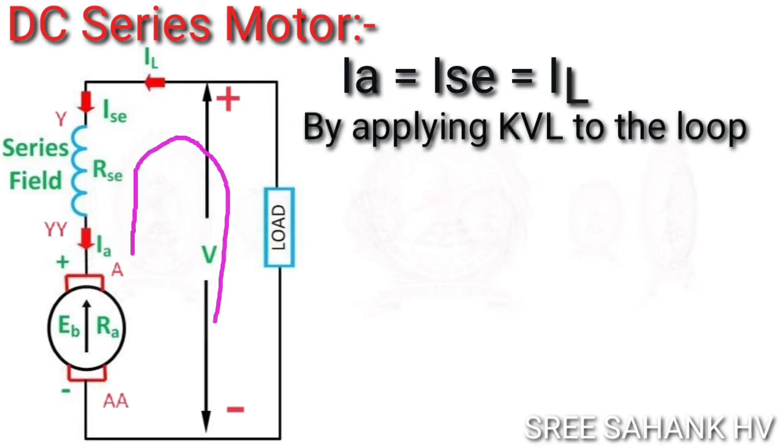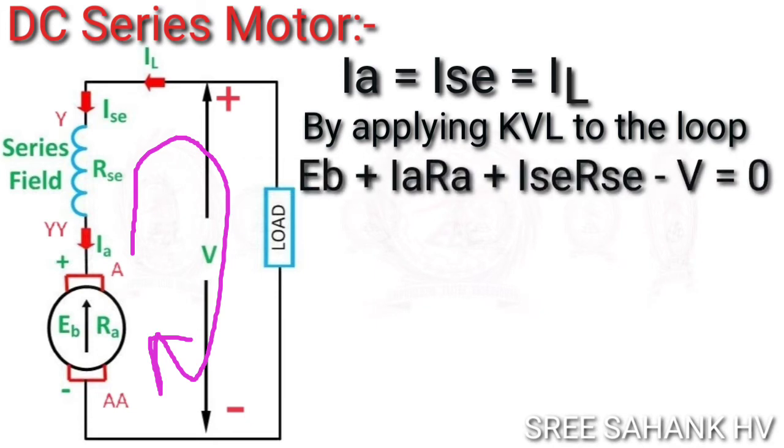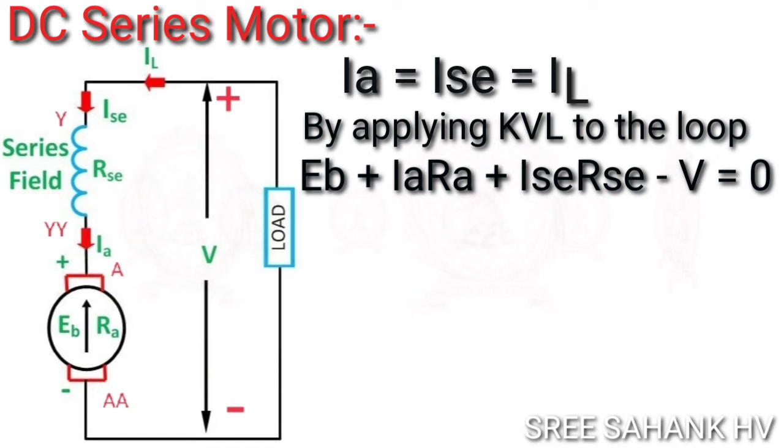By applying KVL to this loop, we get EB plus IARA plus ISC RSC minus V is equal to 0. Because of the opposite direction, we take the plus symbol.